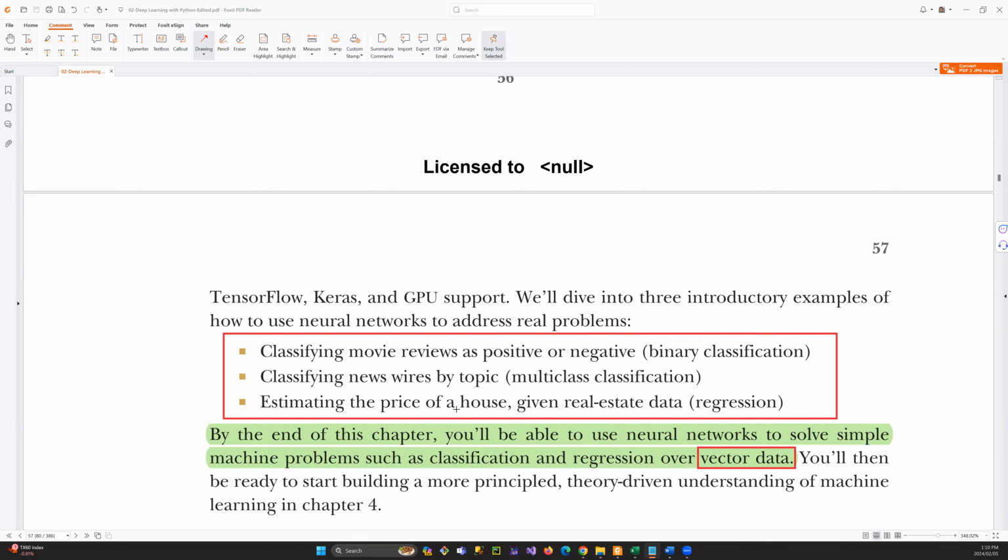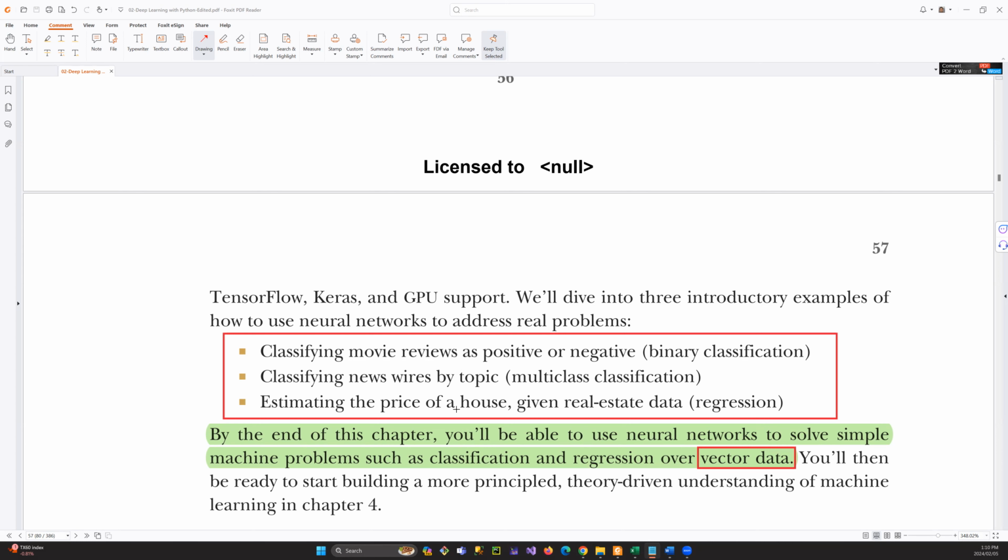Please pay attention, the prices do not look very realistic, and the reason is they gathered the information from the 1980s. That is why the price of the houses is between $5,000 and a maximum of $40,000, back in the 1980s in the United States.